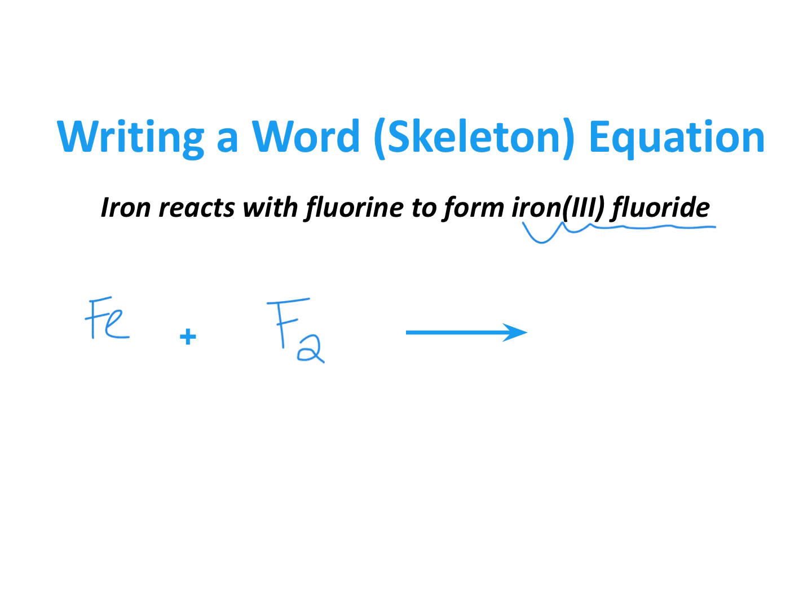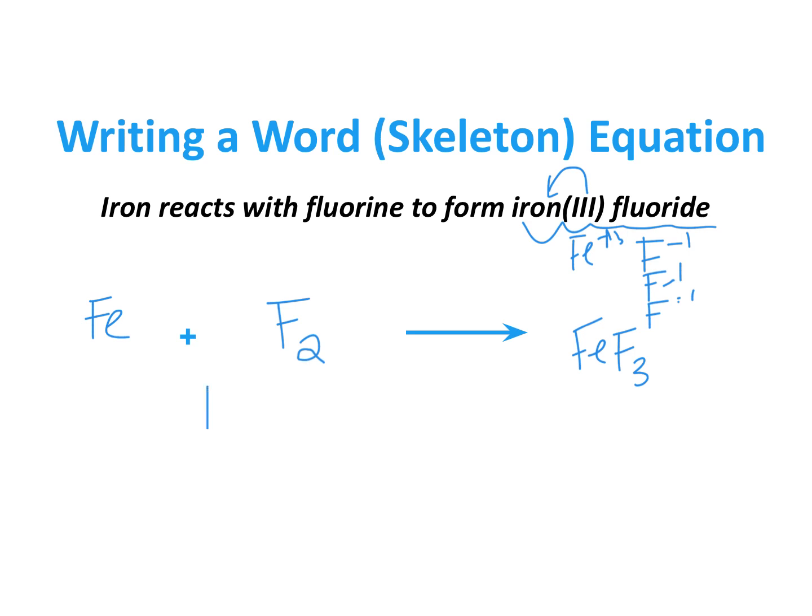Iron's a metal. This is an ionic compound, so we have to figure out what that compound's going to look like. This Roman numeral 3 tells me the 3 charge on iron, and F is a -1 from the periodic table. So I'm going to add 3 of those F's to get FeF3.